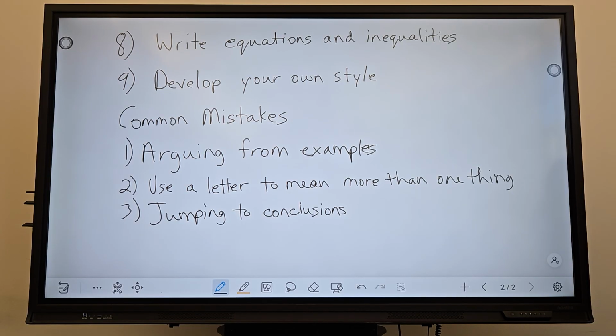Consider the following proof that the sum of any two even integers is even. Suppose that m and n are even integers. By definition of even, m equals 2r and n equals 2s for some integers r and s. Then m plus n equals 2r plus 2s, so m plus n is even.